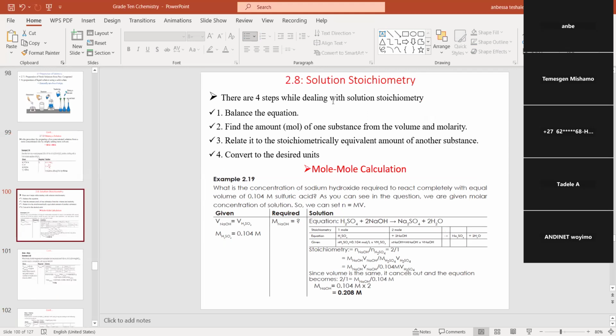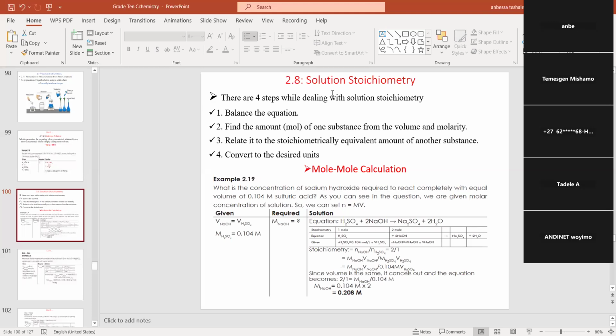Here is stoichiometry. When you come to stoichiometry, as you know that in grade 9, stoichiometry deals about the quantitative relationship between the reactant and product. So during calculating the quantitative relationship of reactant and product, we'll have 4 steps.